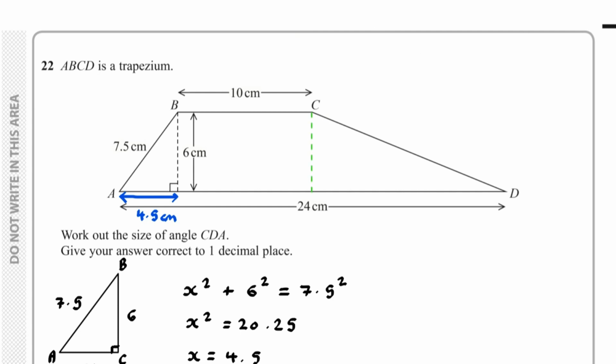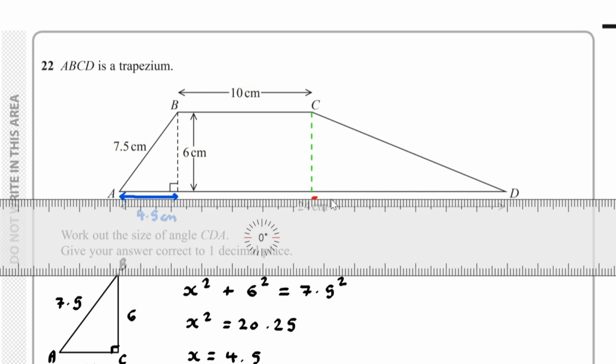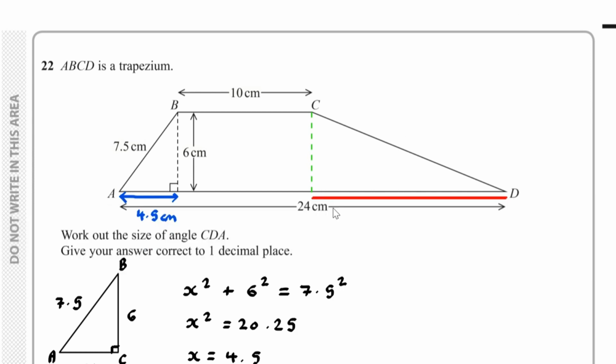Now if I create a horizontal line going down, such as the one we see here, what I can now do is find out what this length from here to here will be.